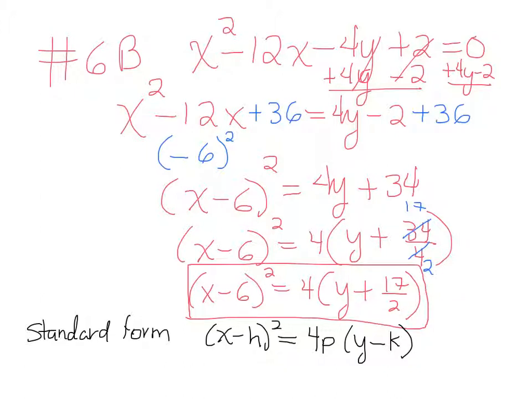Okay. So at the end, once you move the 4y and the 2 to the right, and then you get half of the middle term, and then this right here. Oh my God, I'm having fun. So that negative 6 squared gives you 36. You add them to both sides, right? And then you factor it out.